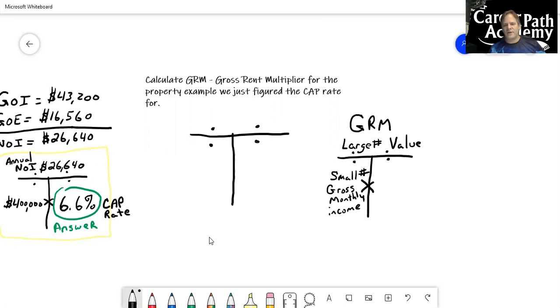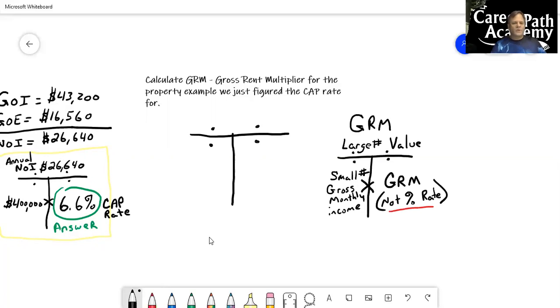And then we have the GRM. This is not a rate or a percentage. Okay? Not a percentage rate.